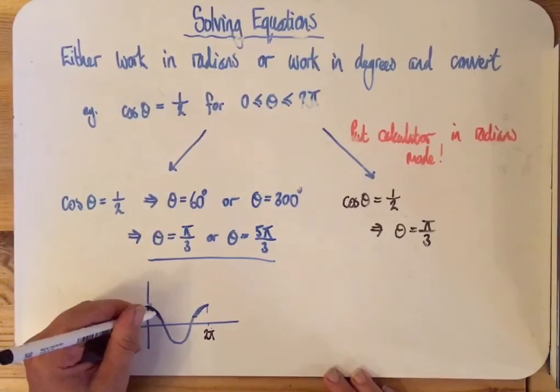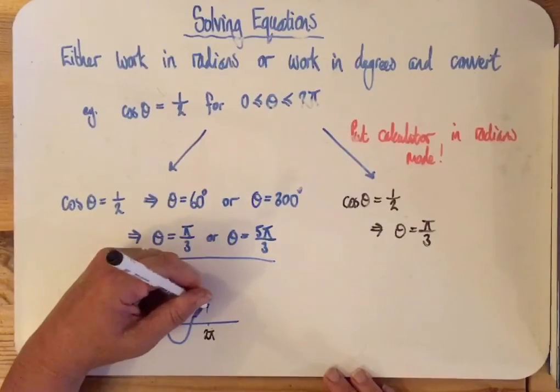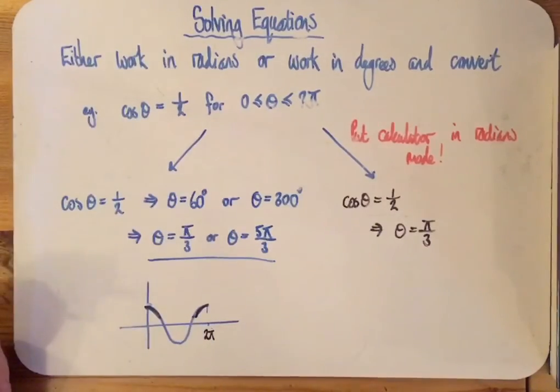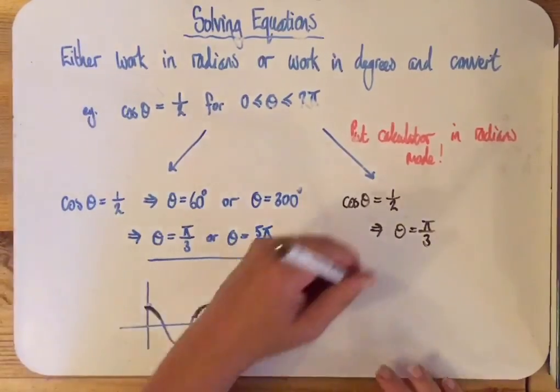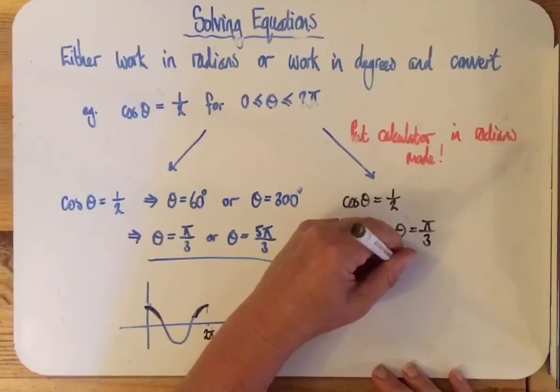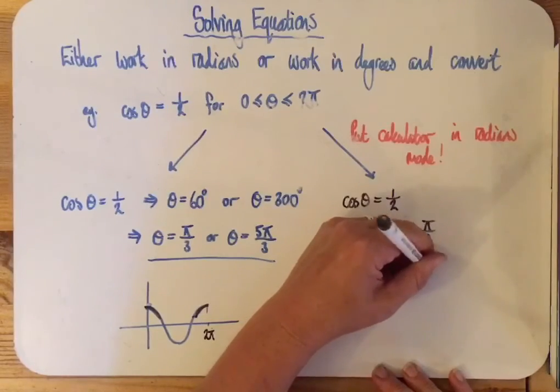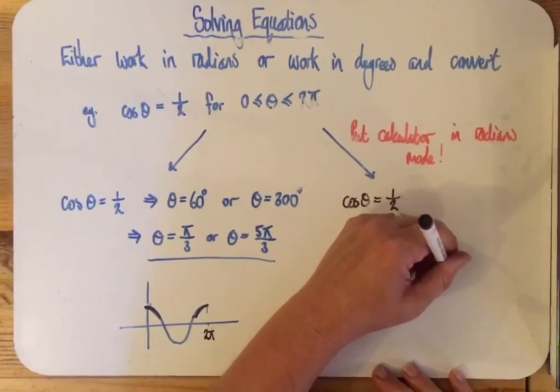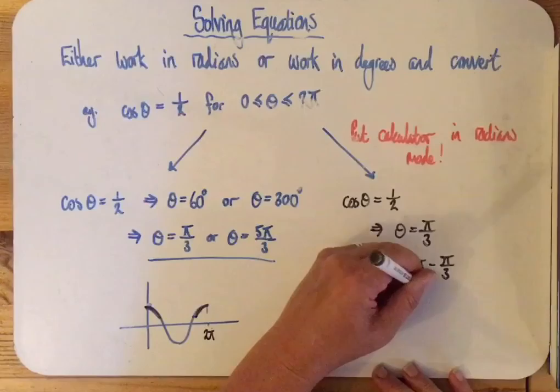So I've gone forward pi by 3 and I go back pi by 3 from 2 pi. So theta equals 2 pi minus pi by 3, which gives you 5 pi by 3.